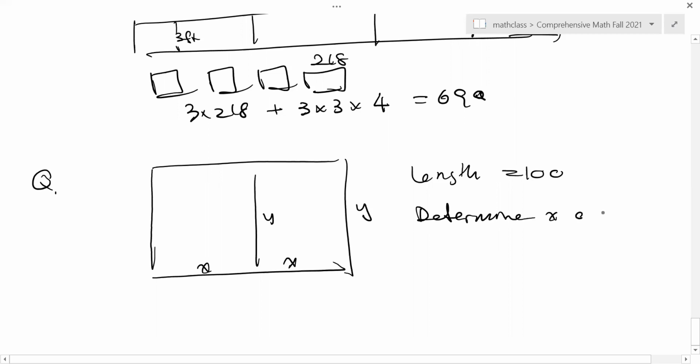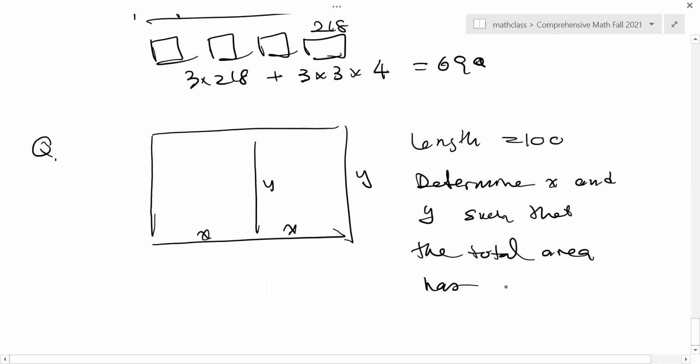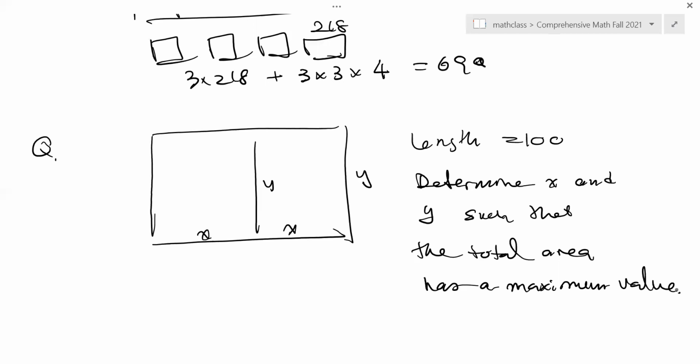Determine X and Y such that the total area is going to be its maximum value. Okay, so this is a maximum value problem. Now, if I do not divide it into 2 parts, common sense tells me the square has the largest area if the length is fixed.